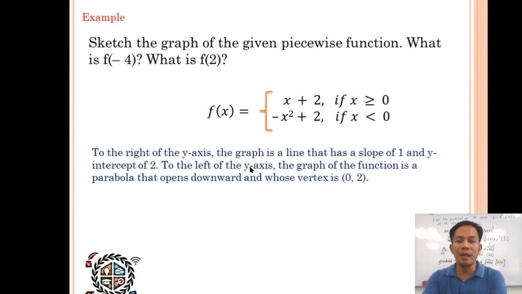To the left of y-axis, the graph of the function is a parabola that opens downward and whose vertex is 0, 2. Okay? So, ibig sabihin, hindi ka pwedeng gumawa ng graph that is representing negative x squared plus 2.